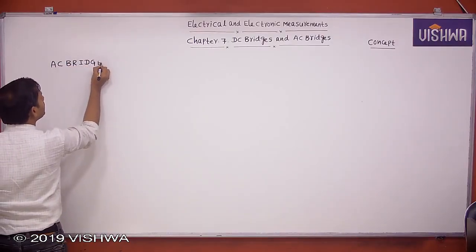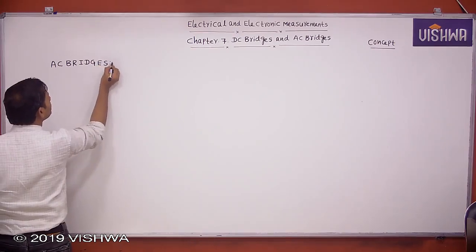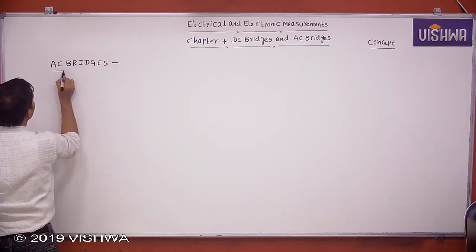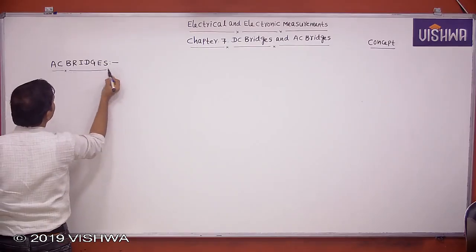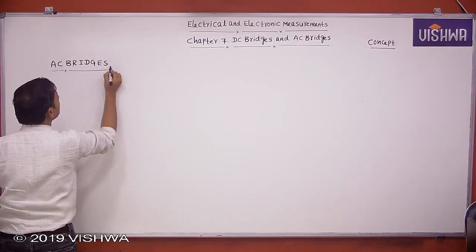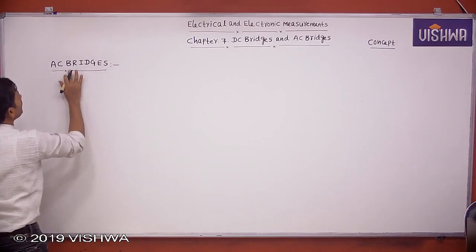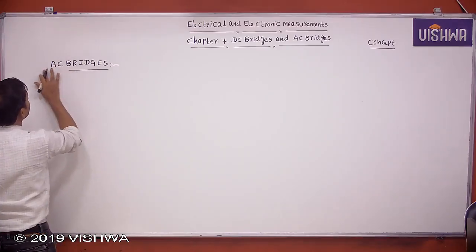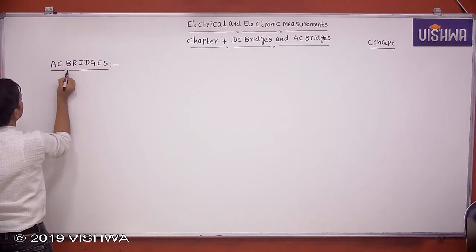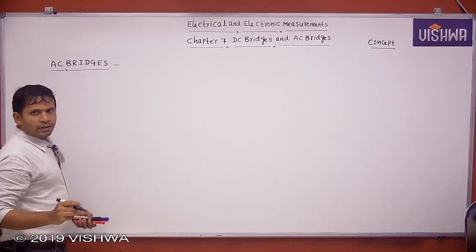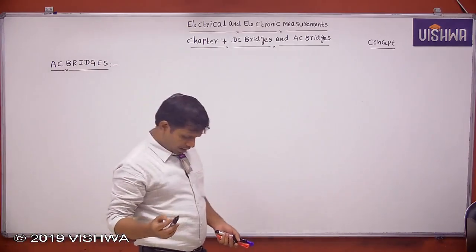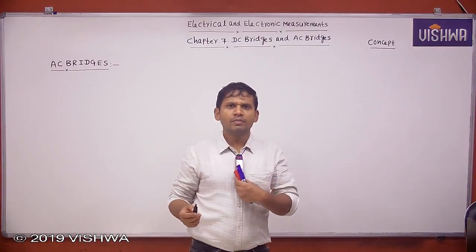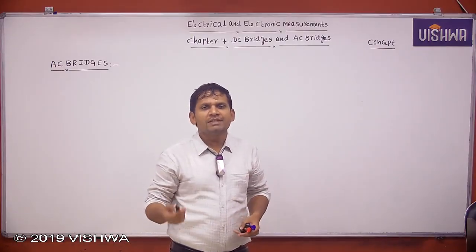I already told that whatever the bridge may be, AC bridge or DC bridge, the principle is null deflection. Even an AC bridge works on the principle of null deflection. All the AC bridges are outgrowth from DC bridges only.